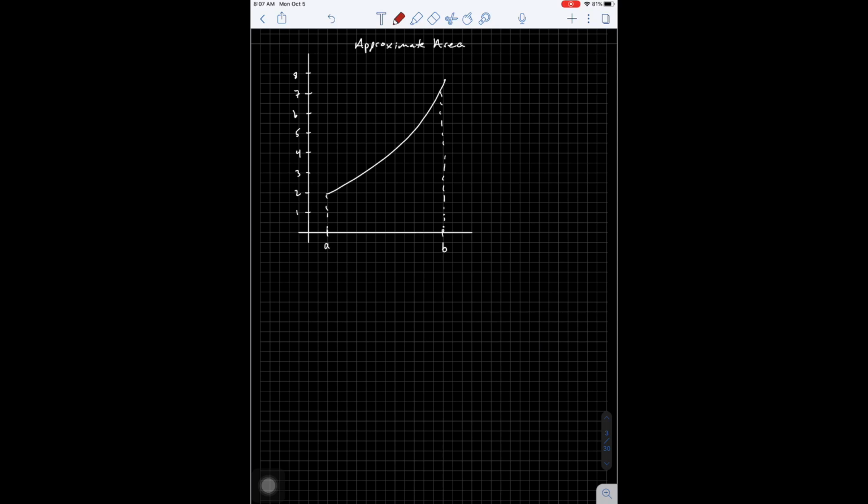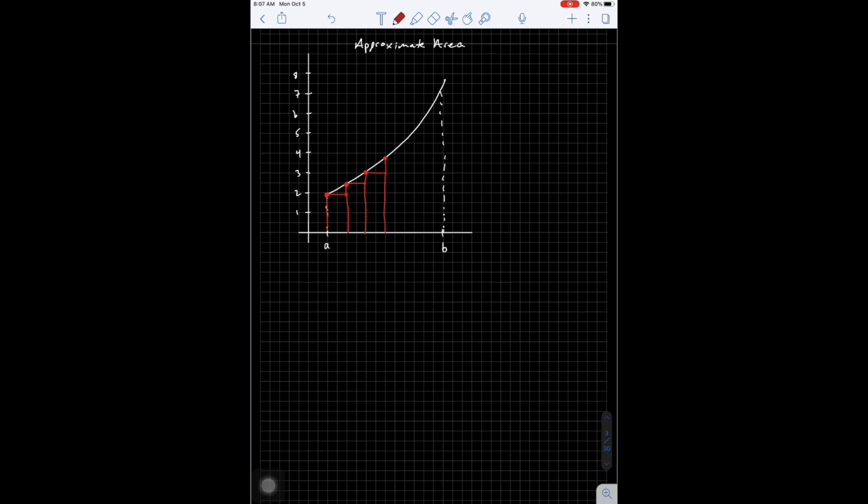Because we know how to find the area of a rectangle, I can say, let me take a rectangle, and what I'm going to do is put the left hand side of the rectangle on the function. So see how that left corner is touching the function? That's going to be my first rectangle. Then I'm going to take another rectangle and make the left side touch the function. Okay, and then the third rectangle, and keep going like this.